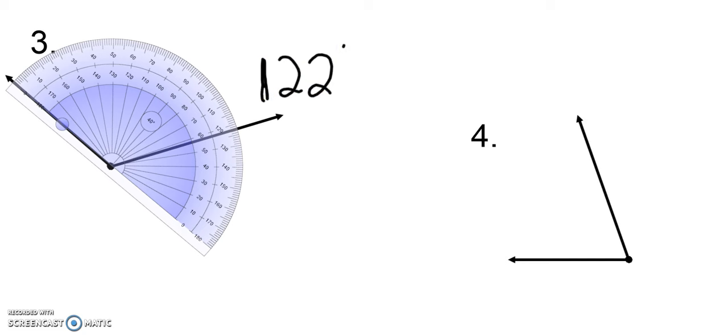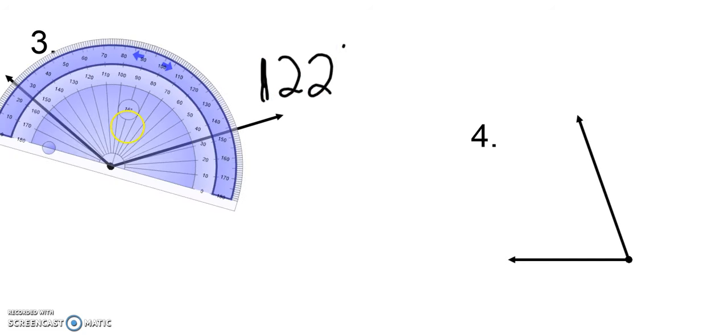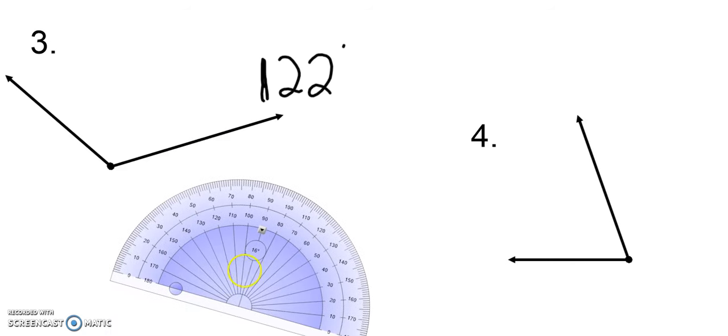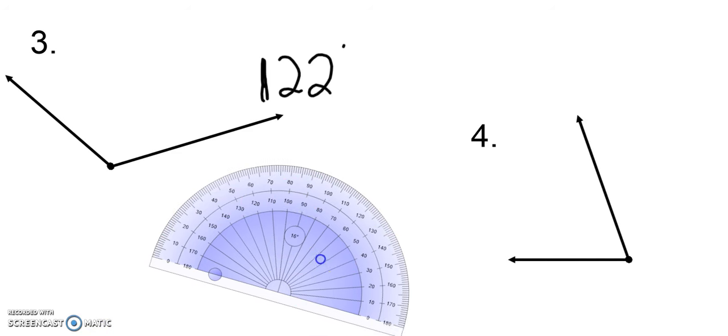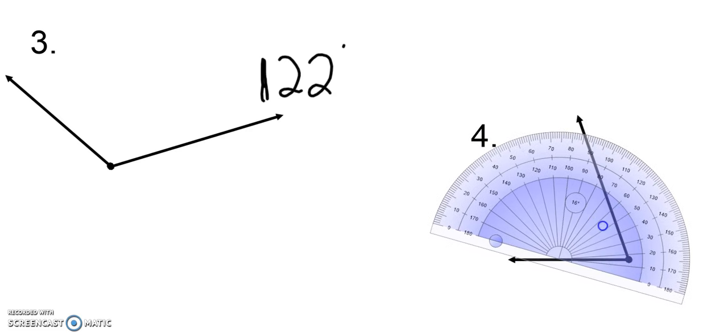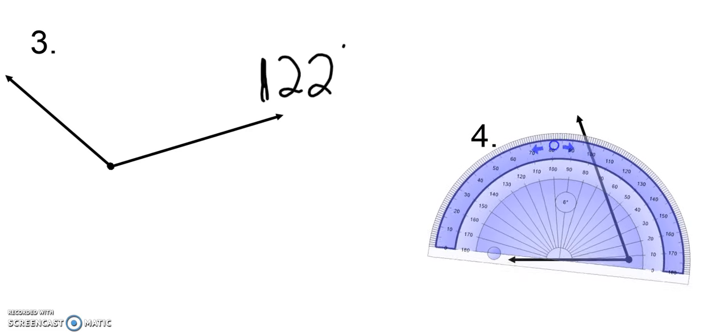which makes sense. If you think about this angle, it is an obtuse angle, so it should be a larger number, something in between 90 and 180 degrees. Okay, last angle that we're going to measure here.